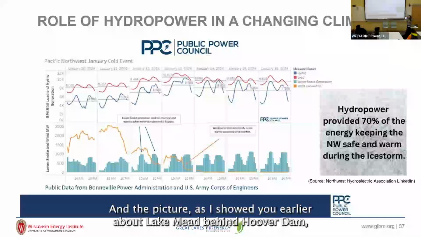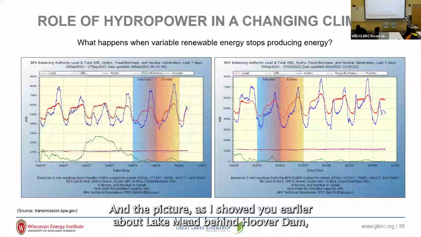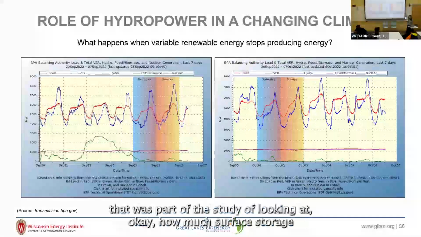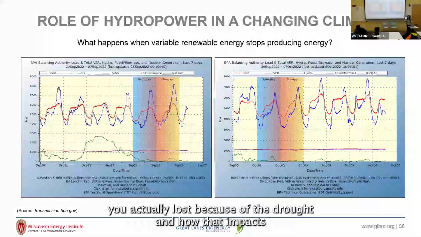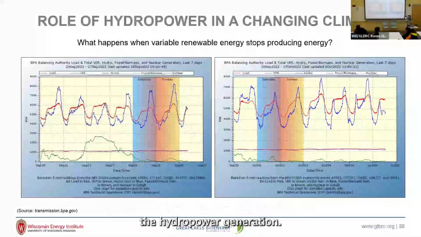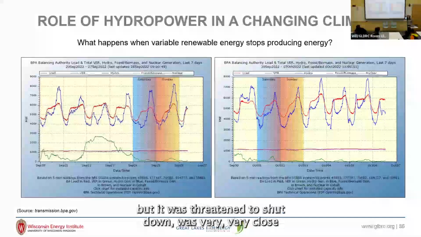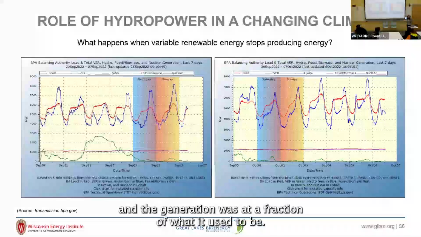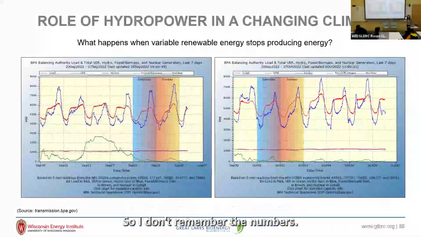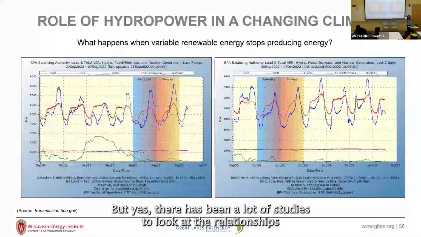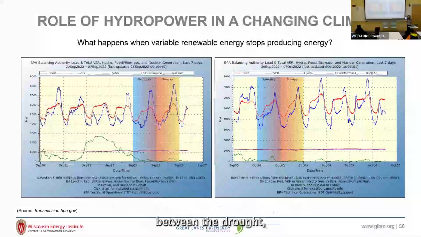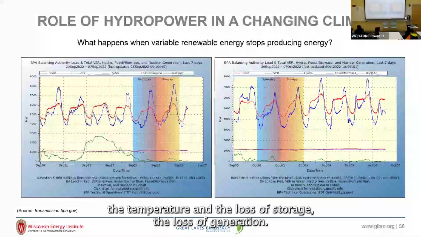And the pictures I showed you earlier about Lake Mead behind Hoover Dam, that was part of the study of looking at how much surface storage you actually lost because of the drought and how that impacts the hydropower generation. I don't think Hoover Dam actually got shut down, but it was threatened to shut down, was very, very close. And the generation was at a fraction of what it used to be. I don't remember the numbers, but yes, there has been a lot of studies to look at the relationships between the drought, the temperature, and the loss of storage, loss of generation.